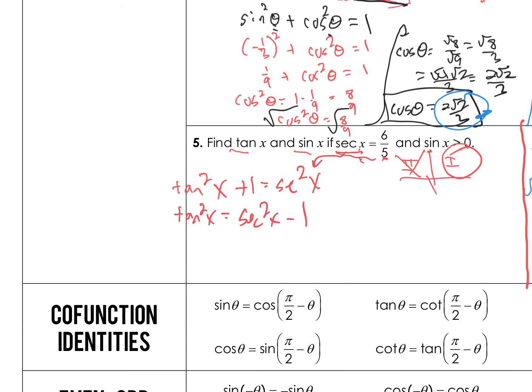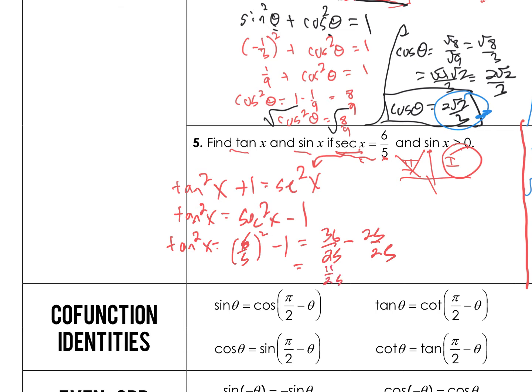I already know secant is going to be 6/5, so I'm going to write tangent squared x equals 6/5 squared minus 1, which is 36 out of 25, minus 25 out of 25, is the same thing as 36 minus 25, 11. 11 out of 25.